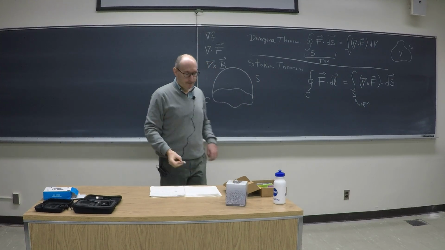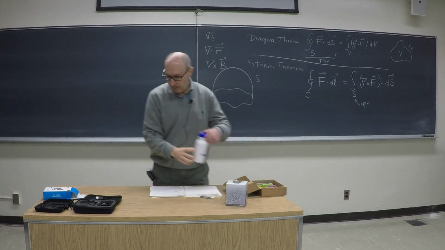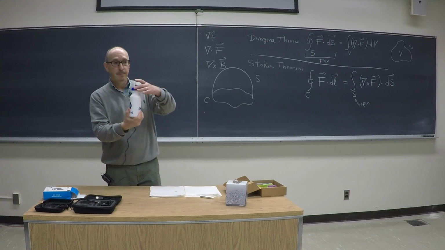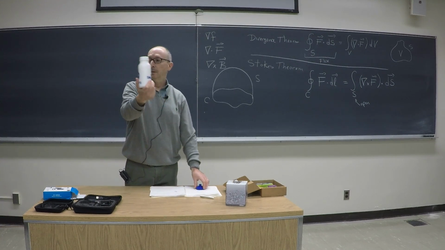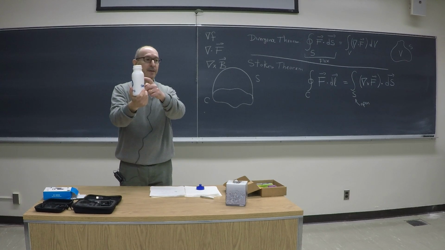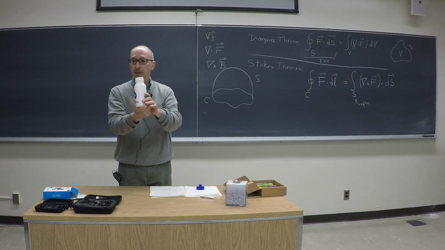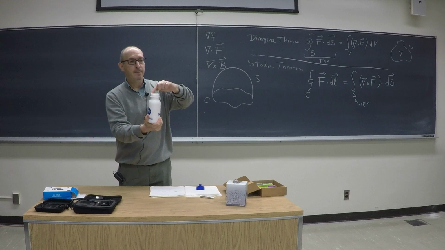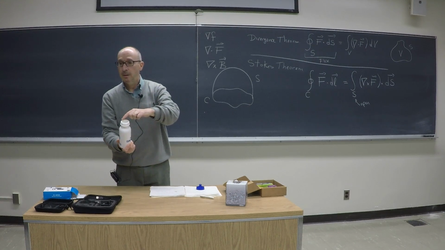So for example, if you have this bottle, the surface is the surface of the bottle, and the curve, for example, is this circle on top.